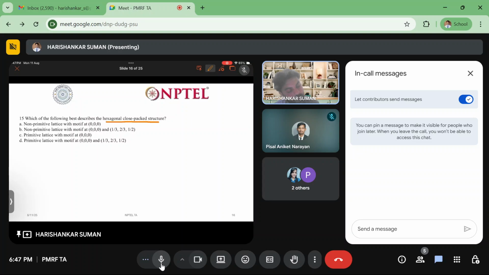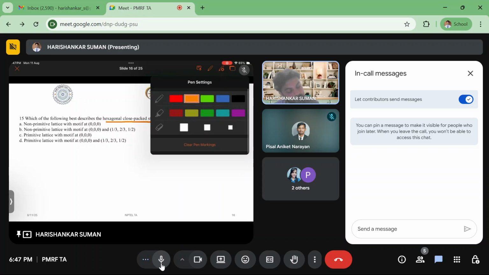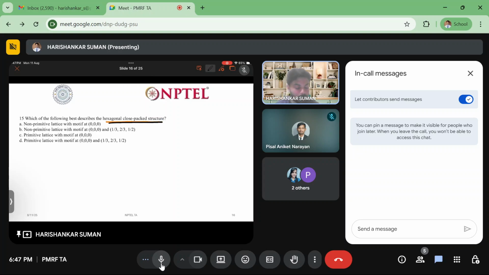Which of the following best describes the hexagonal close packed structure? Non-primitive lattice with the motif at 0, 0, 0. Non-primitive lattice with the motif at 0, 0, 0 and 1/3, 2/3, half. Primitive lattice with the motif at 0, 0, 0, and primitive lattice with motif at 0, 0, 0 and 1/3, 2/3, half.